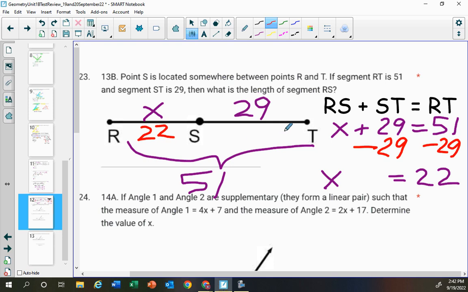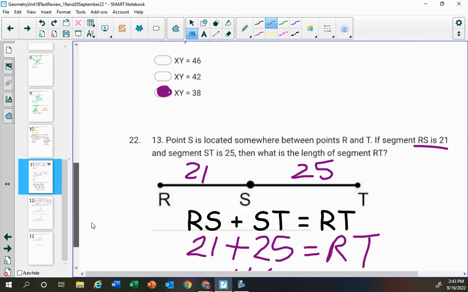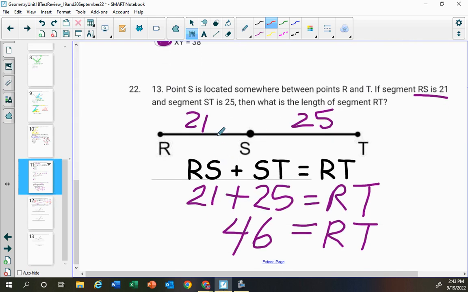I was so close. I tried 21. It's all right, but you knew you had to subtract. A lot of people add it up. It depends on the problem, because the previous problem, it depends on what's given to you. I gave you both little parts. You add, since they're on the same side.